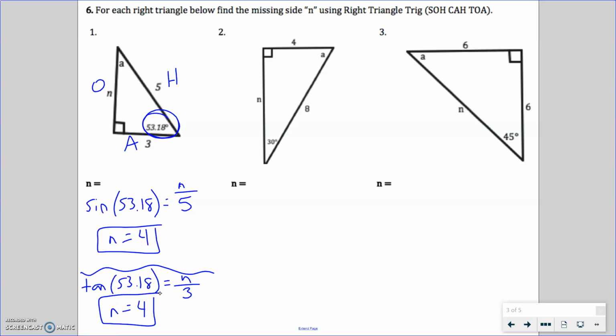So basically what I'm doing here, you guys, is just proving a point that especially if you are given two sides, you can set up a lot of different trig ratios. Technically, too, we could have also used Pythagorean's theorem because we had both sides 5 and 3, so we could get that third side. But remember, I want us to practice using right triangle trig, not Pythagorean's theorem. I know you guys can do that one, okay?